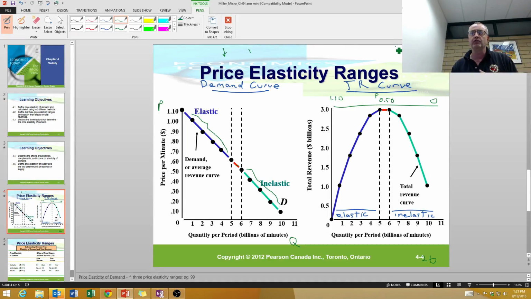So in the total revenue curve, on the x-axis we have the same quantity that we have on the x-axis of the demand curve, and on the y-axis we have total revenue rather than simply price.